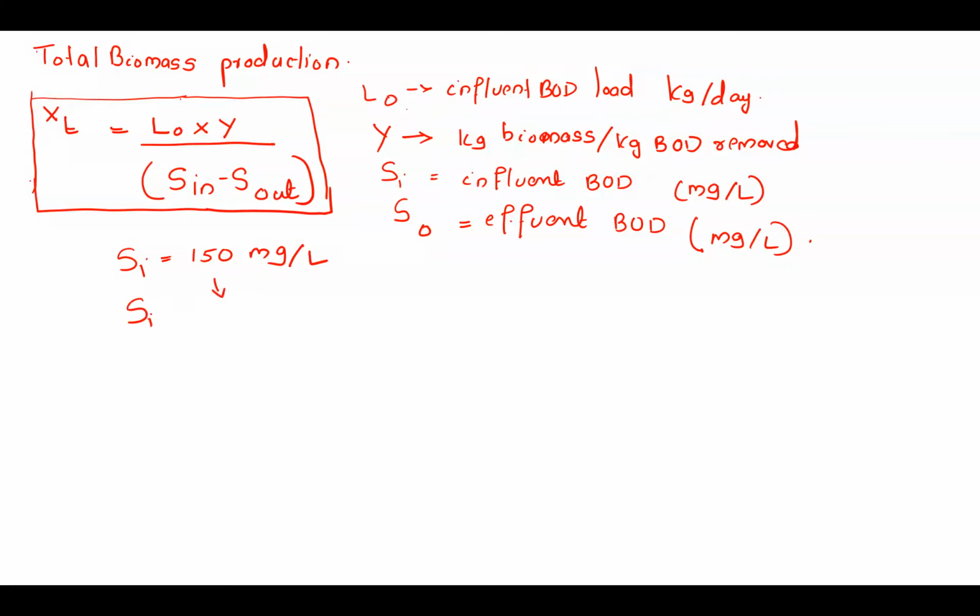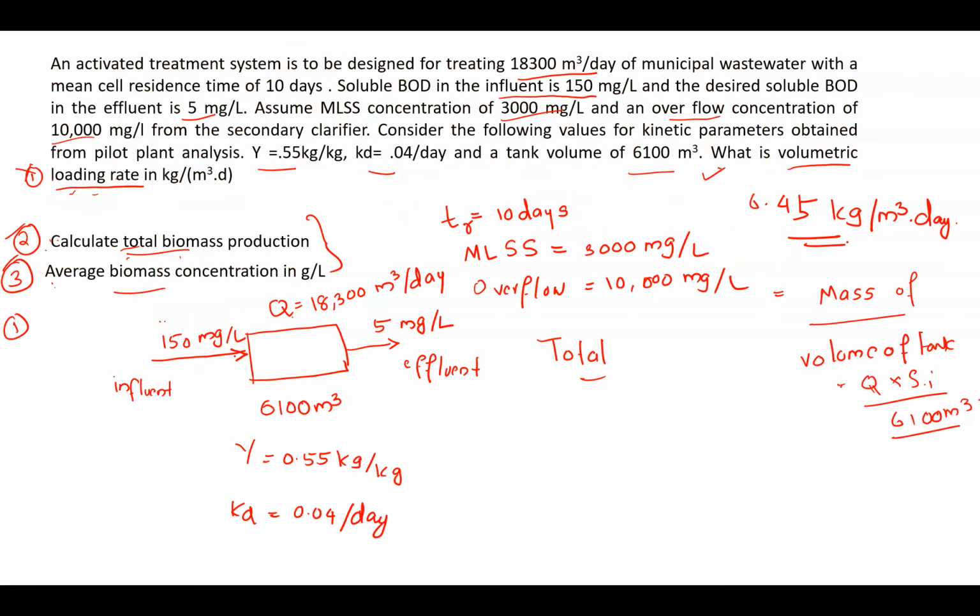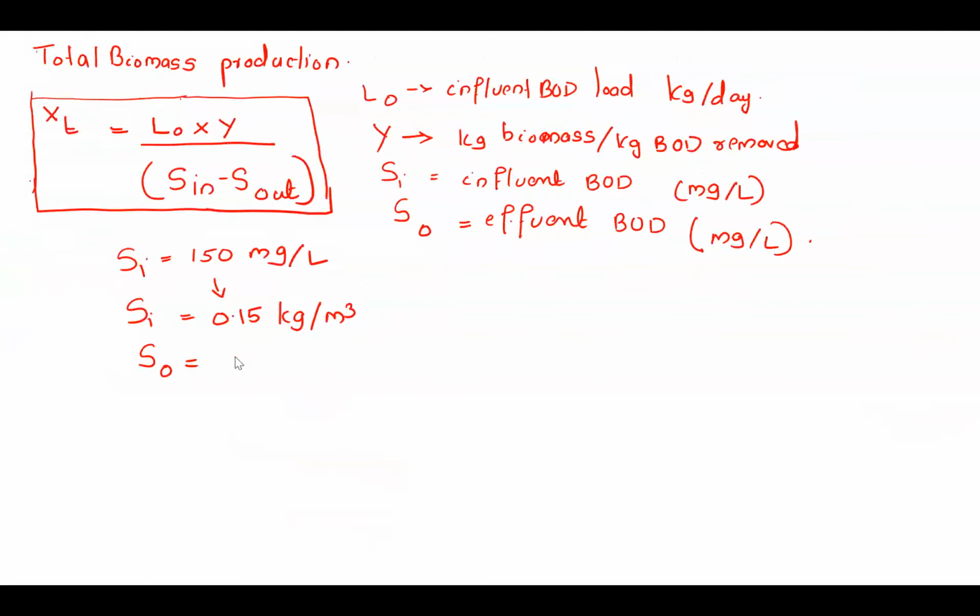How do you convert? Yes, 10 to the power minus 3, that is 0.15 kg per meter cube. Like that, you can also write S out, effluent, is equal to 0.005.